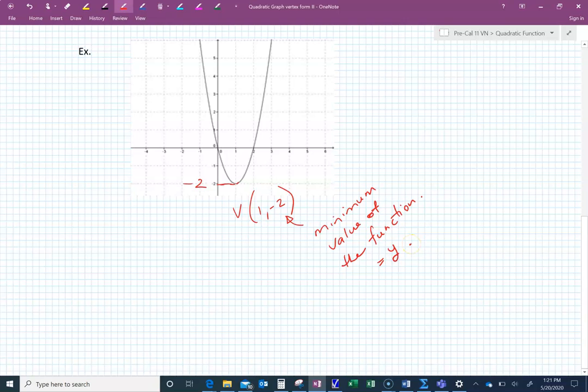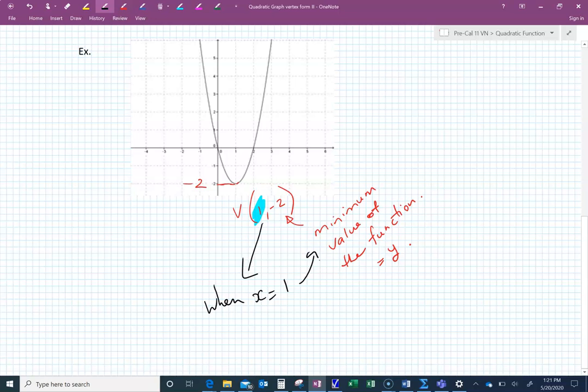Okay, now when do you get that? You get that when x is 1. So when x equals 1, you're going to get the minimum value.